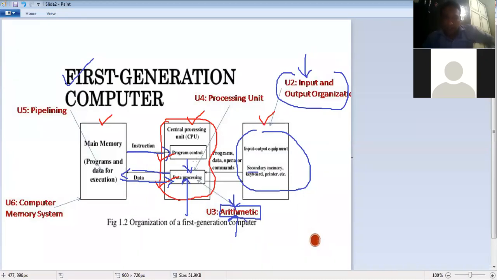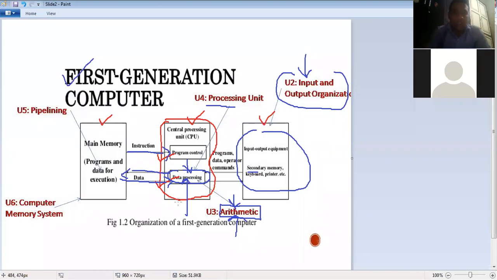If we move further, in chapter number 4, again we are going to discuss in detail the data processing unit. Now, what is the role of the data processing unit? We already discussed that the data processing unit may contain a list of registers.